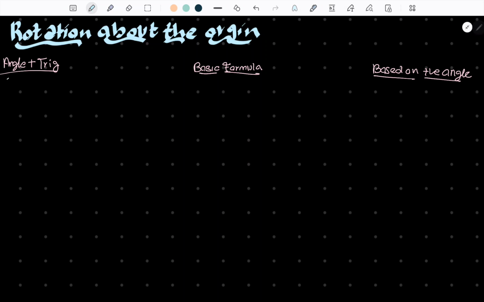So for example, if we're given a coordinate like 0, 3 and 30 degrees, then we can actually find the rotated image of this point. Let this be P, and then P prime will be unknown.